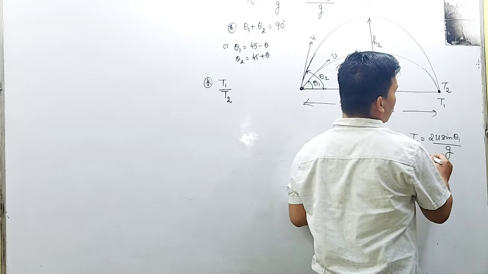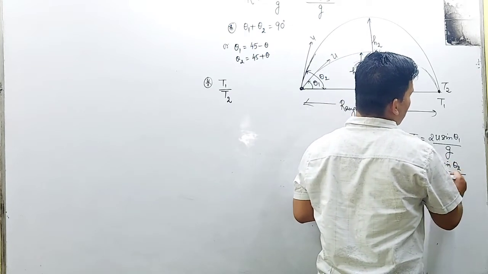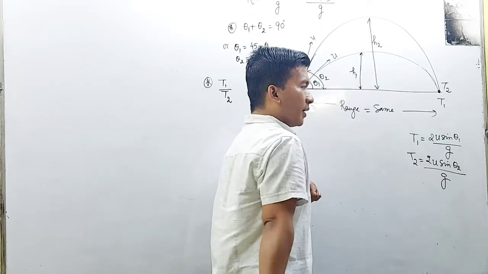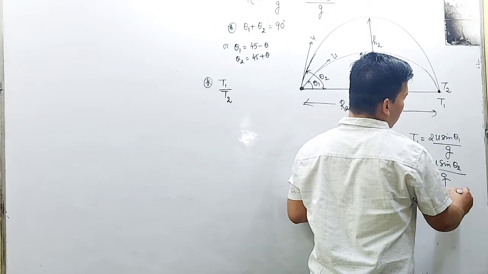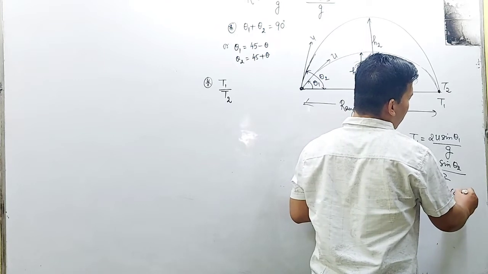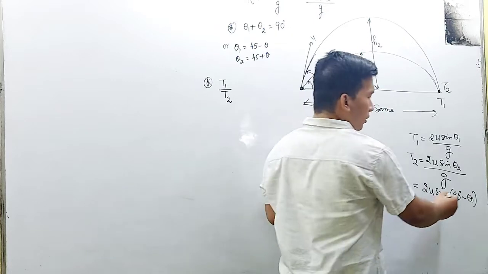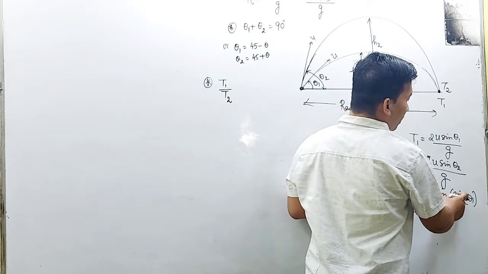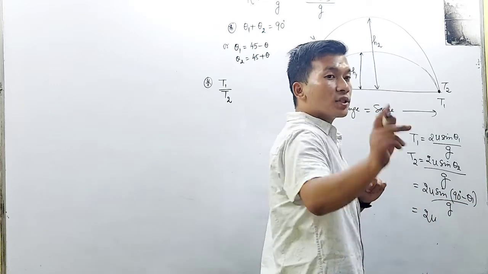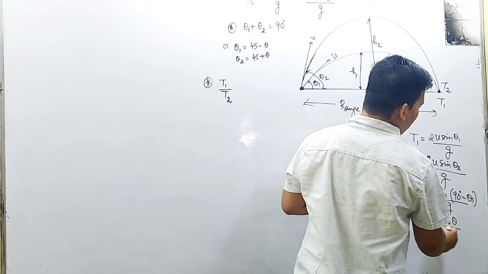T2 will be equal to 2u sin of theta 2 divided by g. Theta 2 can be written as 90 minus theta 1, so this is 2u sin of 90 minus theta 1 divided by g, which is 2u cos of theta 1 divided by g.